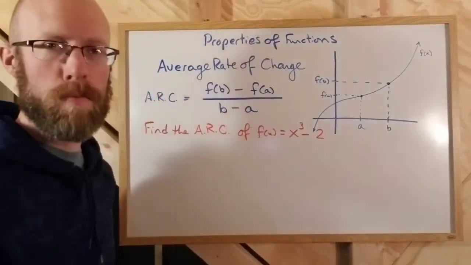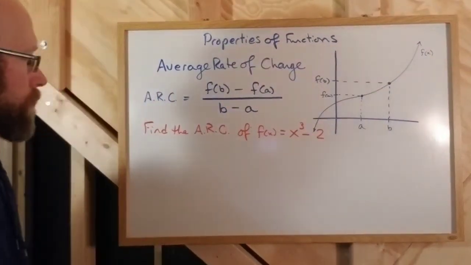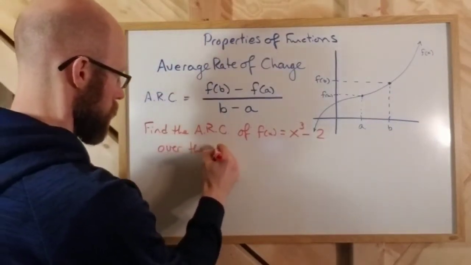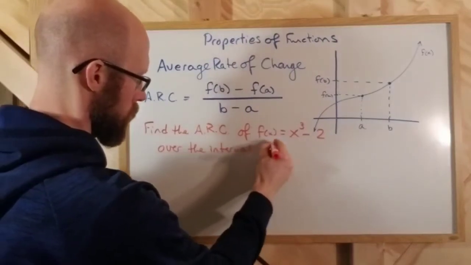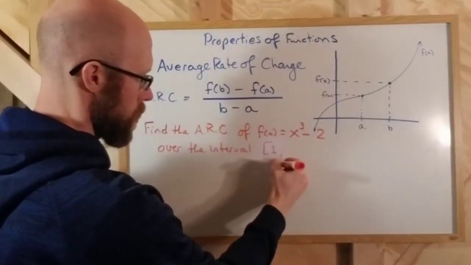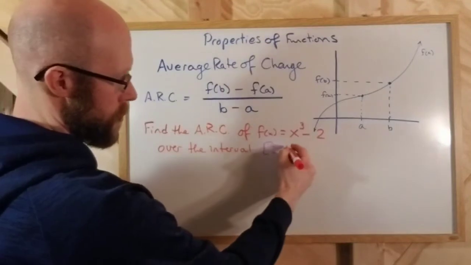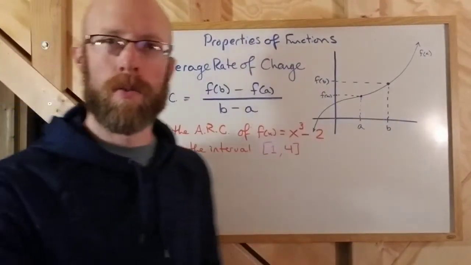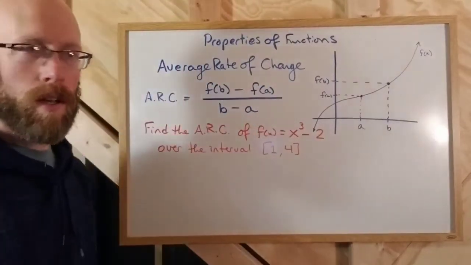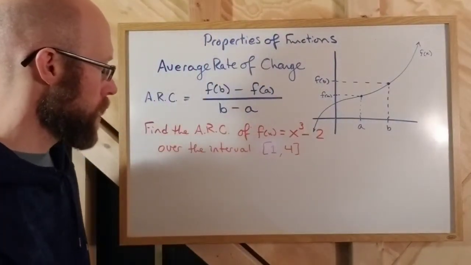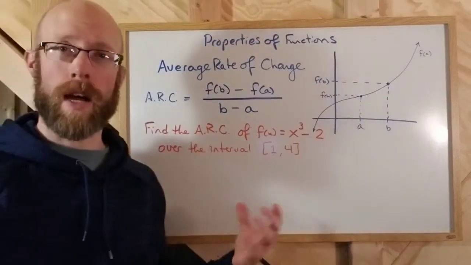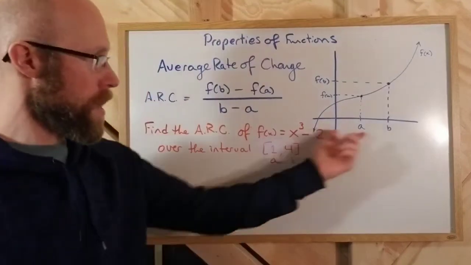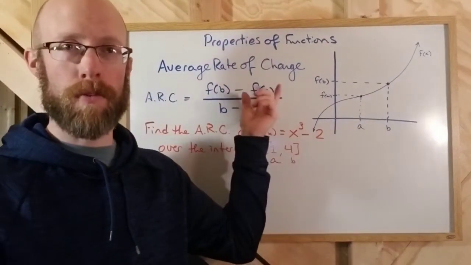And I want to do it over the interval from 1 to 4. So over the interval from 1 to 4, what is the average rate of change? Now again, average rate of change just takes into account the endpoints. The 1 and the 4 are basically your A and B from this graph.